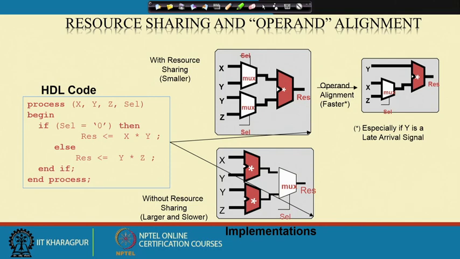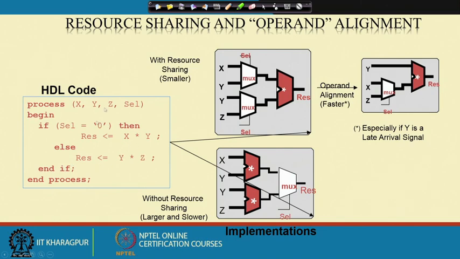Suppose I have an algorithm like this: process x, y, z, select. If the select signal is 0, the output will be x star y, that is, x multiplied with y, else y will be multiplied with z, and that goes to the output.